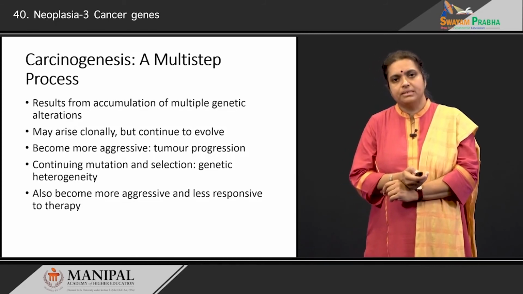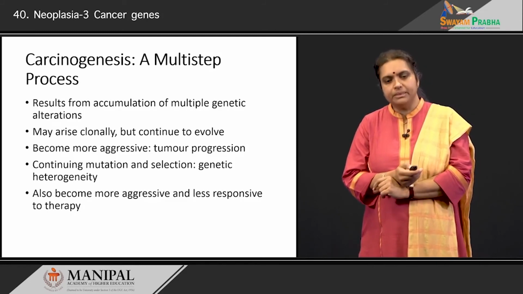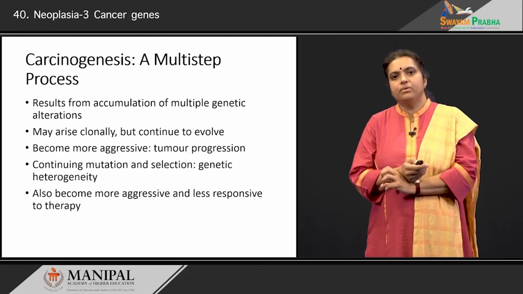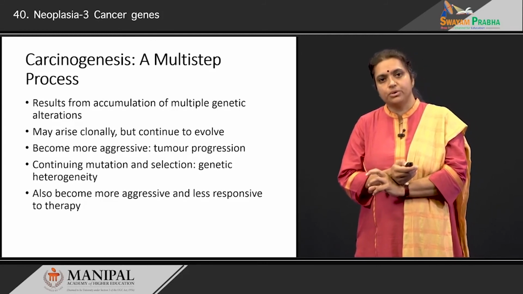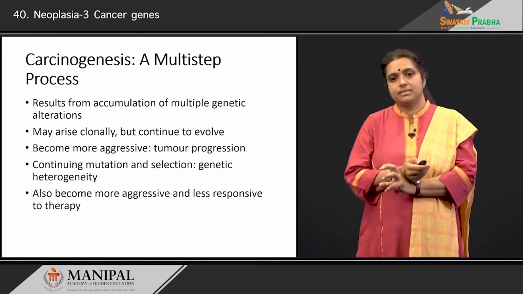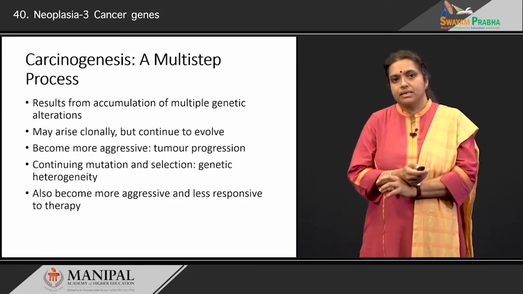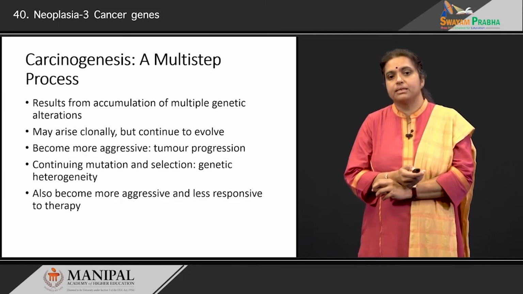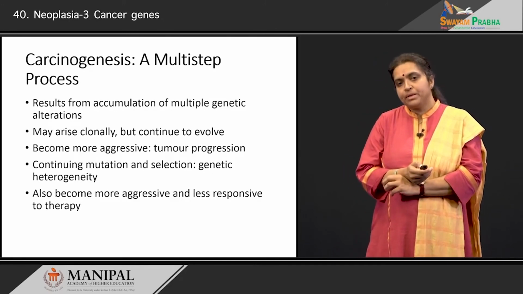Now, how does this happen? This happens because mutations occur continuously over time, and only the fittest cells, those with an advantage to grow and proliferate, survive. We have already discussed this. There is a Darwinian selection there and that is how the tumor progresses and becomes more aggressive and less responsive to therapy.